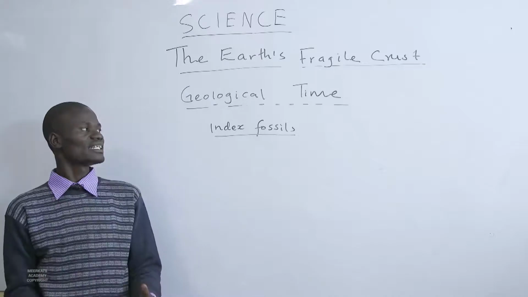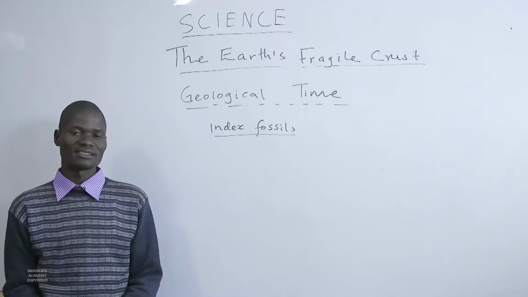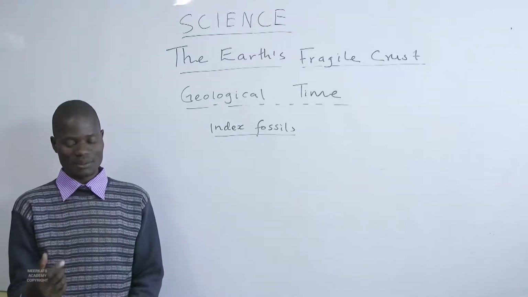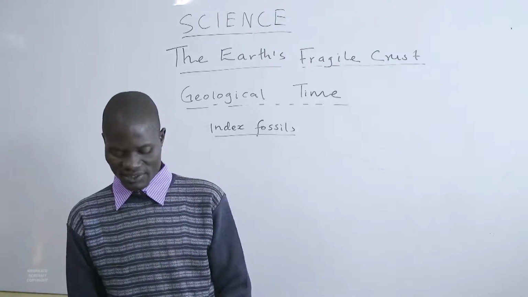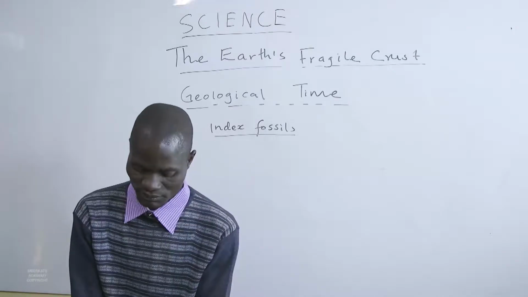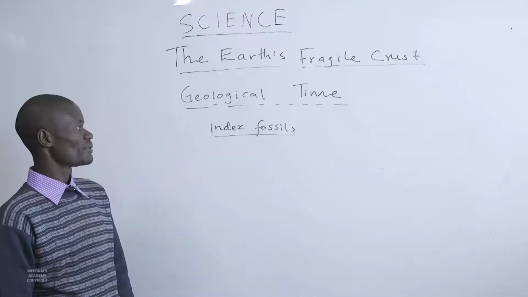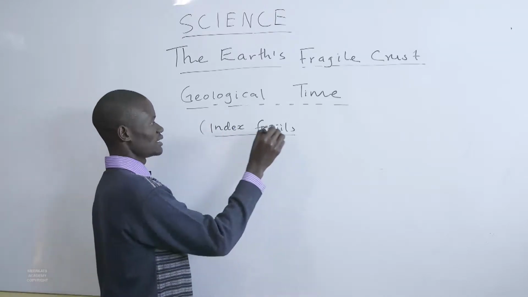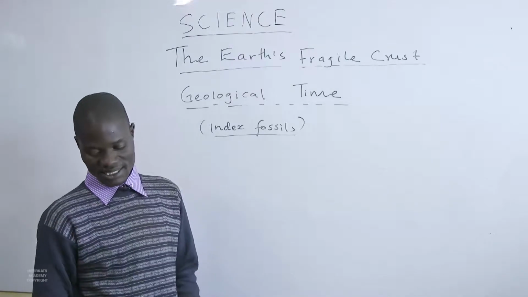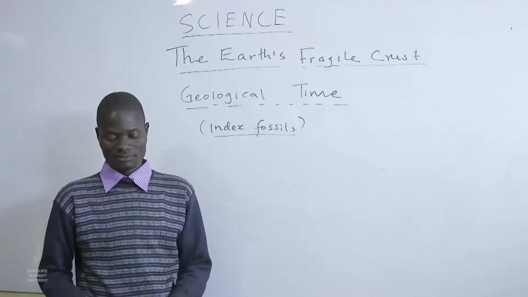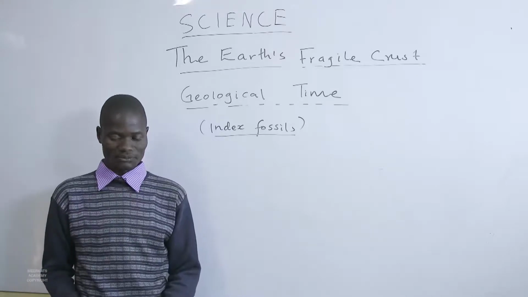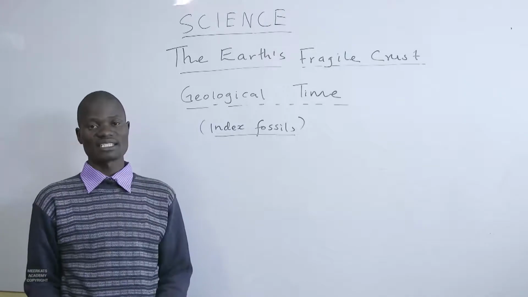Those layers are lithified and compacted to form fossils. When we study the layers of those rocks and subject them to relative dating, we will be able to come up with a certain period. The index fossils help us find out that this is a short-lived fossil that has not been in existence for a long period of time. That is much more about relative dating.